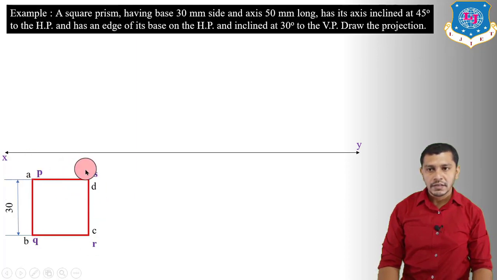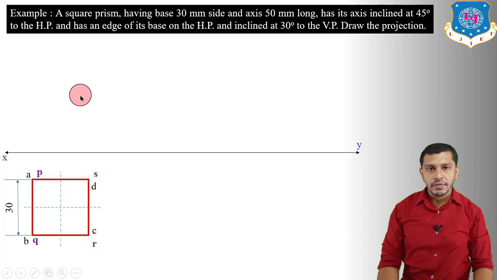So PQRS is the top face and the side length of the square will be 30 mm, which is the side length of its base edge. Now show the center over here, which will show the axis or top view of the axis. So this point will give us the top view of the axis.